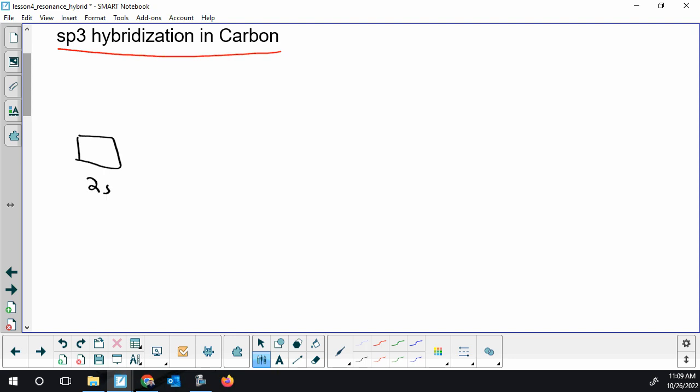We would expect 2s in carbon to have a spin up and spin down. I'm not going to draw any of the core electrons. I'm just going to do the valence throughout this hybridization lesson. And then above that in energy would be our 2 p's. But that's not what we see. We know there's something else going on.